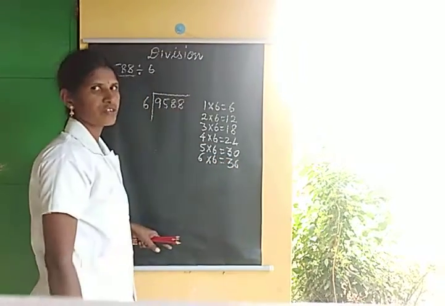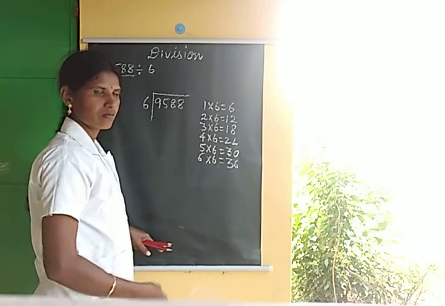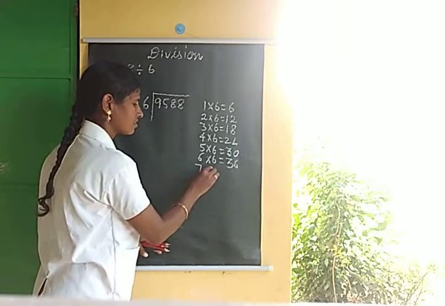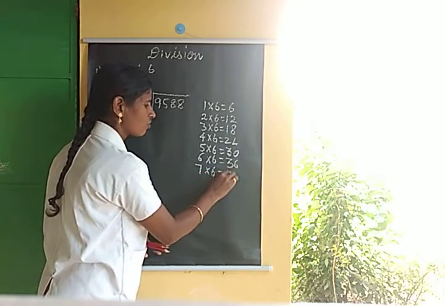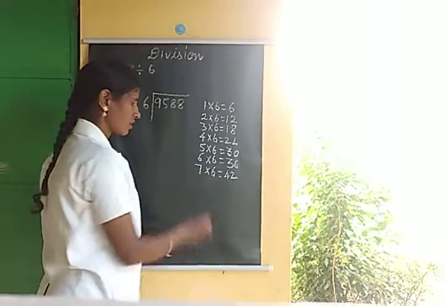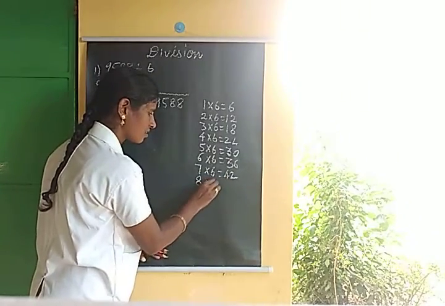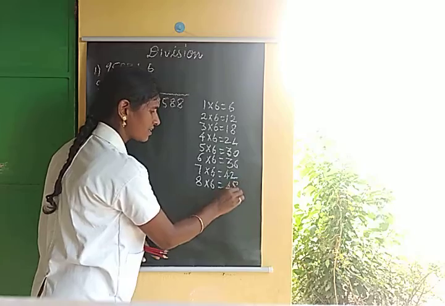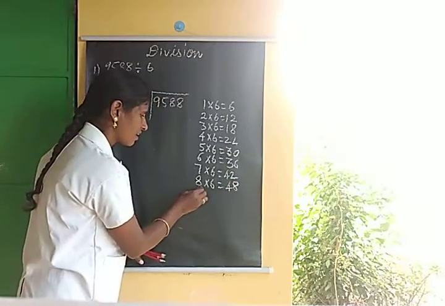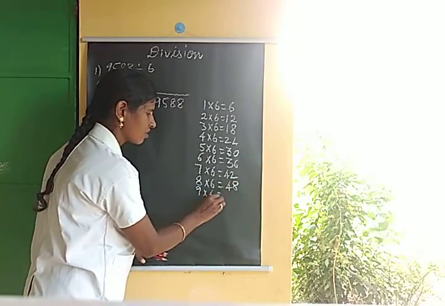This is compulsory. You should write up to the 9th table. 7 6 are 42. 8 6 are 48. 9 6 are 54.